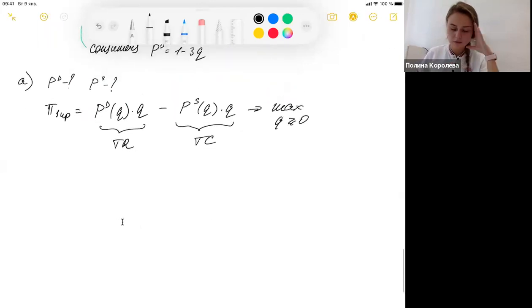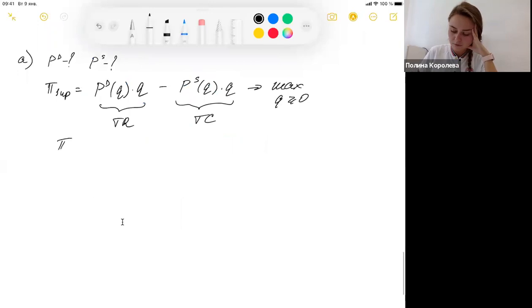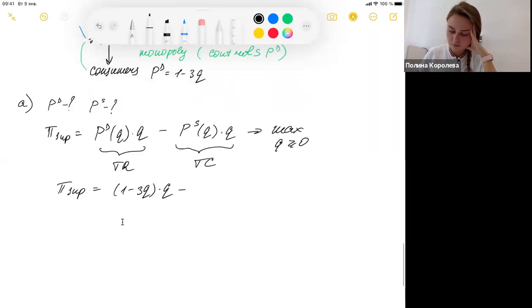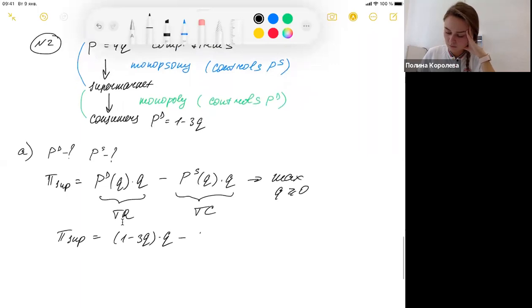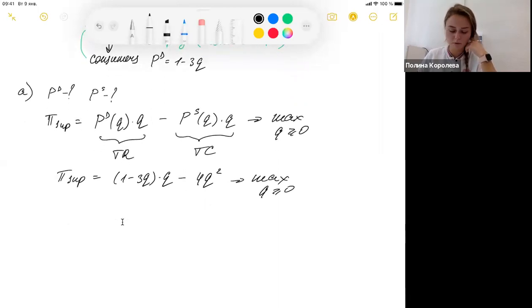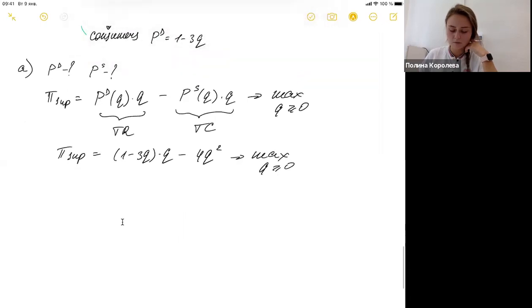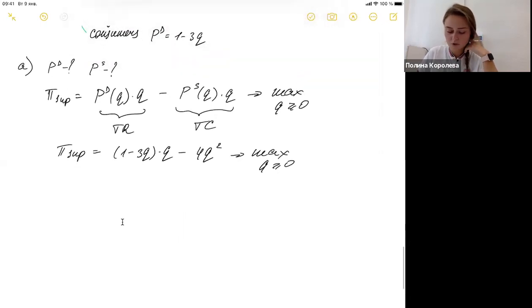So good. Put everything in. The profit of the supermarket is (1 minus 3q) multiplied by q, minus the inverse supply 4q multiplied by q, so here is a square. This we should maximize by choosing q greater or equal than 0. This is a quadratic function, its graph is a parabola with branches down, so we will find a maximum, or we can take the first derivative.